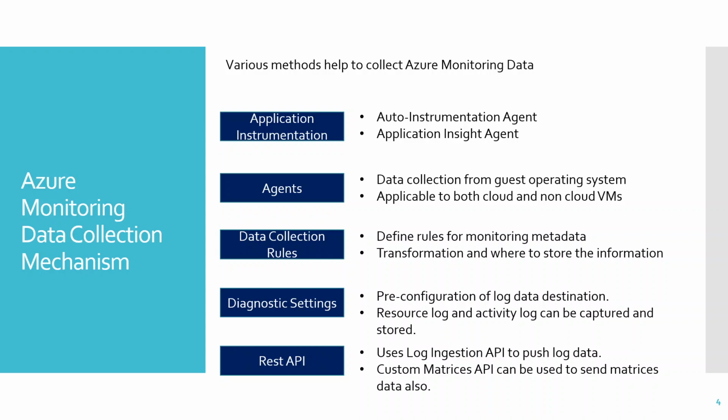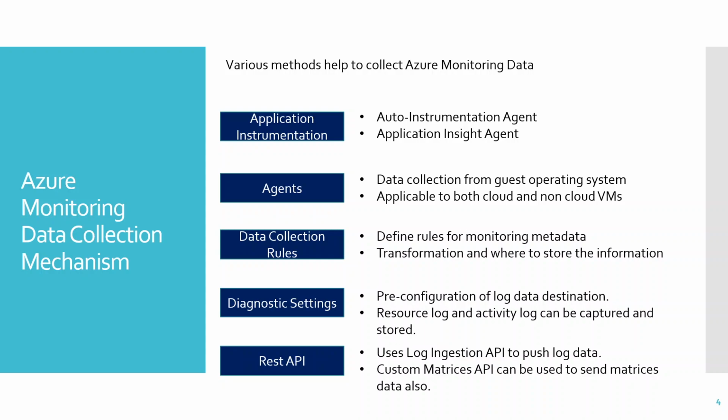Now, a little bit about the monitoring data collection mechanism. These are the various methods that help to collect Azure monitoring data: application instrumentation, agents, data collection rules, diagnostic settings, and REST API. Application instrumentation is auto-instrumentation and Application Insights agents that run within the applications and help you to monitor the data.